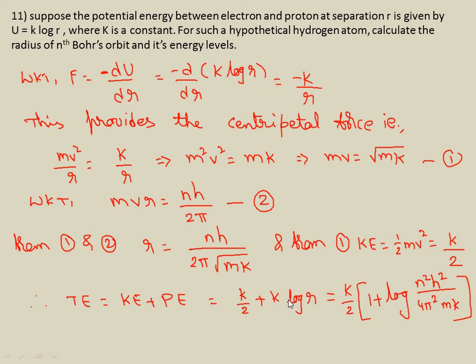Whenever we have a into log m, it becomes log m to the power of a. This multiple factor becomes the power. So if I take out k by 2 as a constant, it will be 1 plus 2 log r, and this 2 goes to the power of r square, that is n square h square by 4 pi square mk. Square and root cancel out, so I have substituted for that. Are we clear with this?